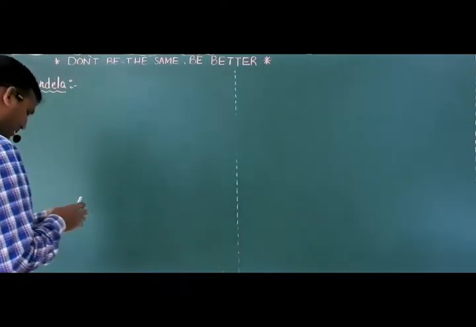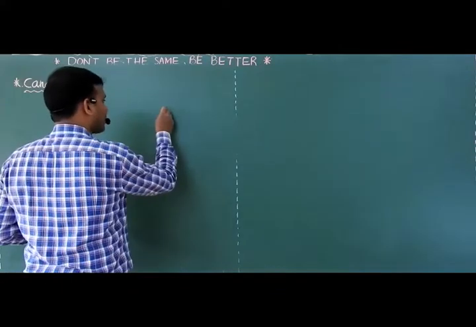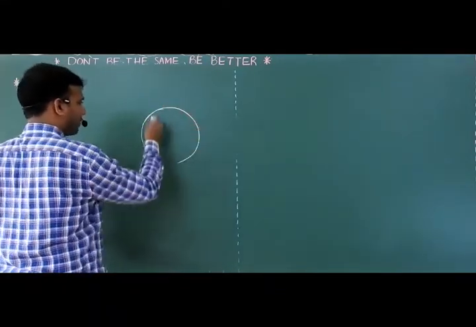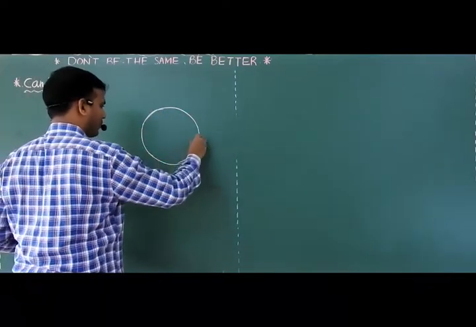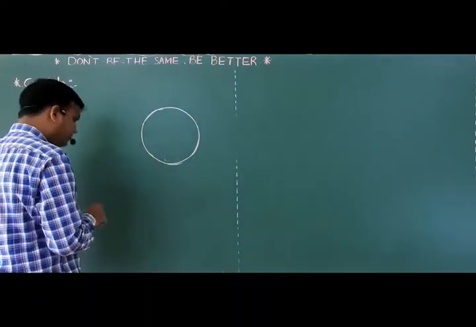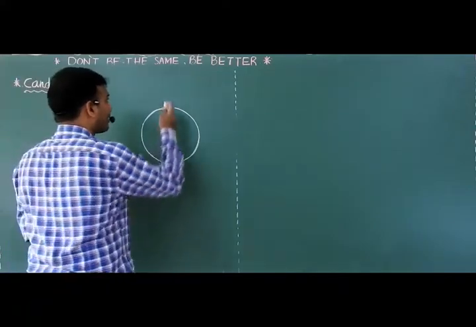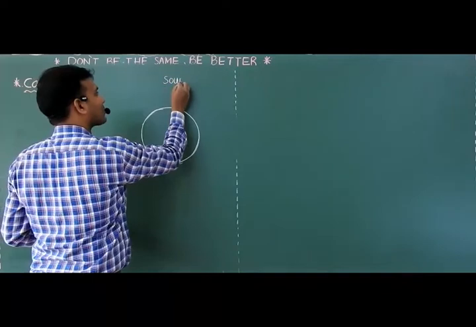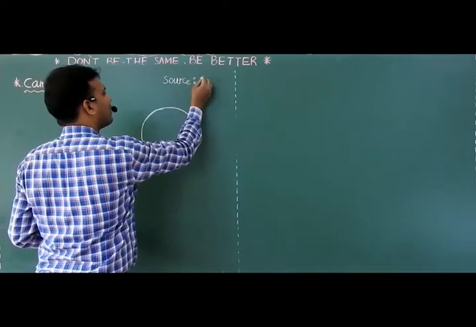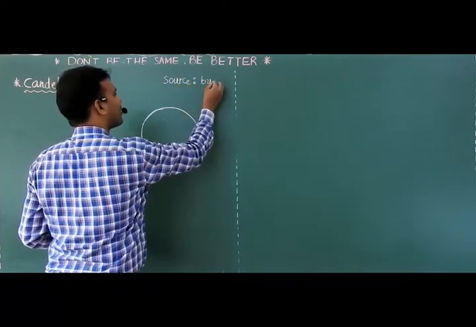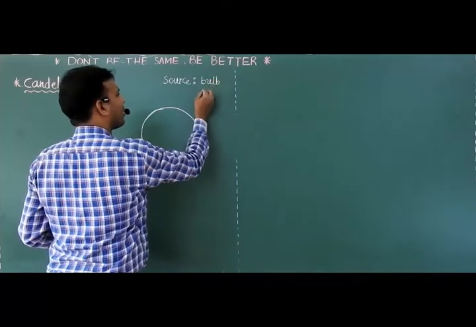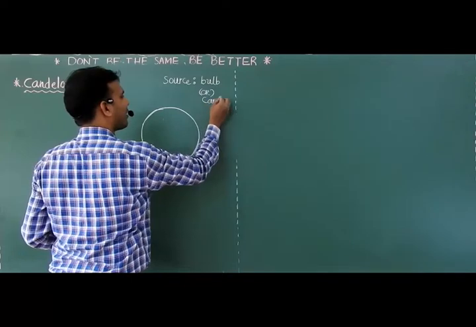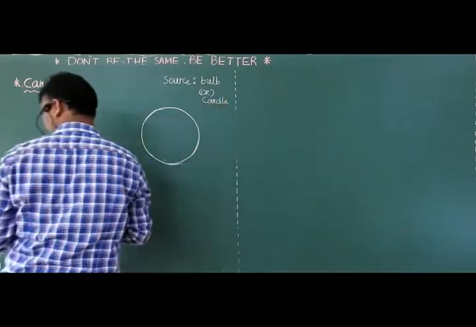So what is candela? Let us consider one sphere. Then you have to consider one source of light. The source of light may be a bulb or a candle.